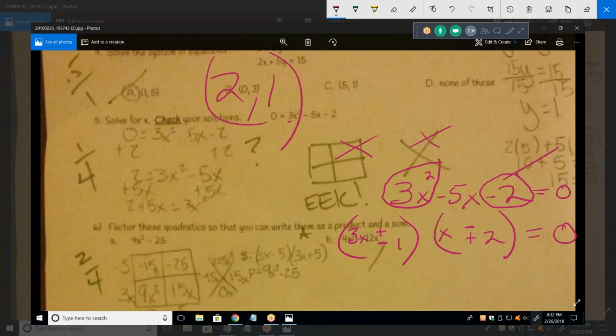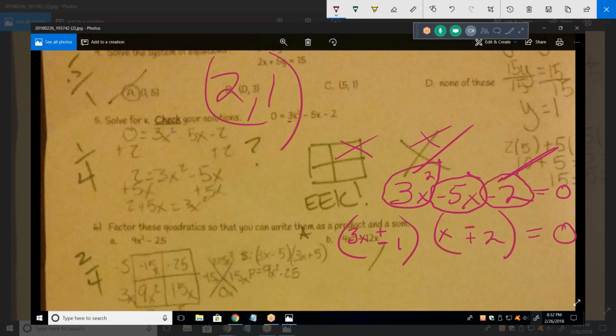Now, here's what we know. We know this term is correct, right? That was easy, splitting up the 3x squared. And we know this term is correct. So the only term I really have to check is this one right here. Does the middle term equal minus 5x?